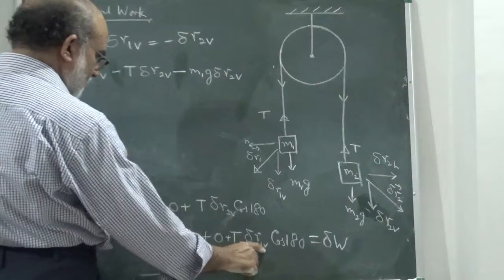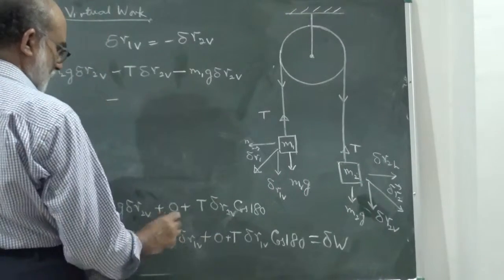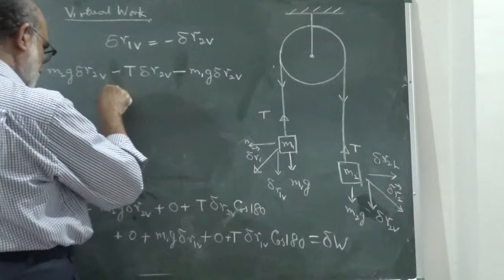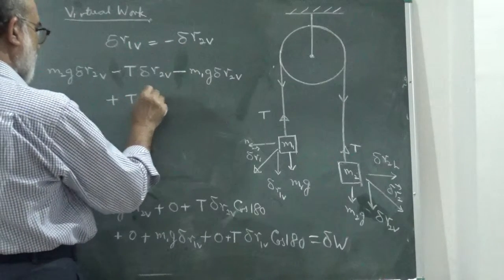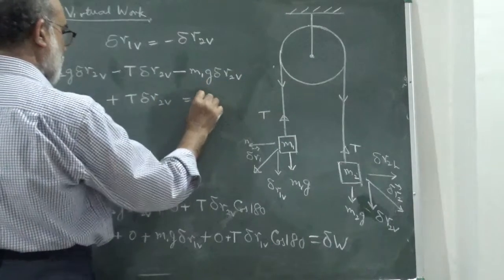The tension term again gives minus, but with delta R1V written as minus delta R2V, it becomes plus. This is the total work done.